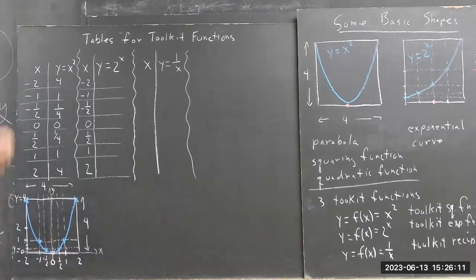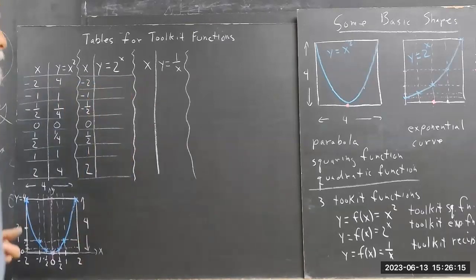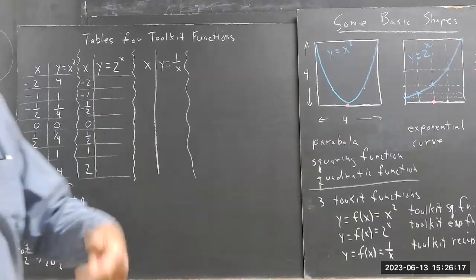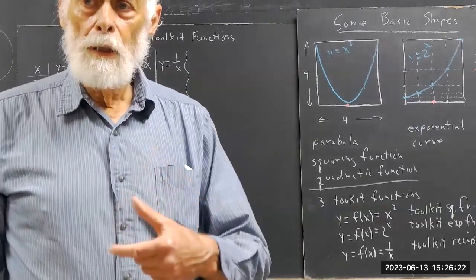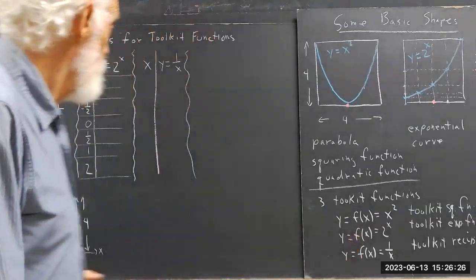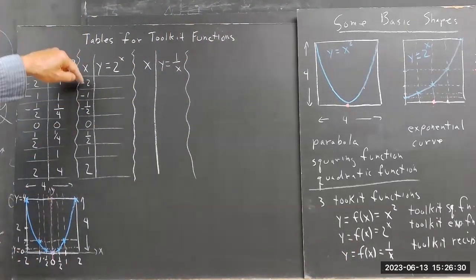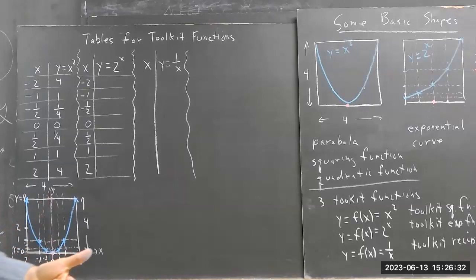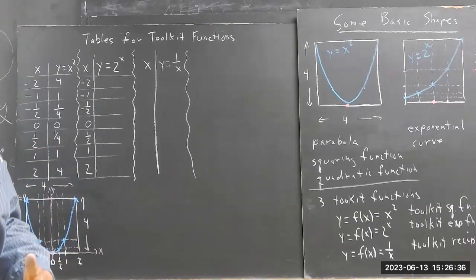Okay, now one thing that happens with the toolkit exponential function, remember what I said is we're not going to use a calculator. We're going to do only calculations that we know how to do. If I use all of these values, a couple of these values we can't calculate.